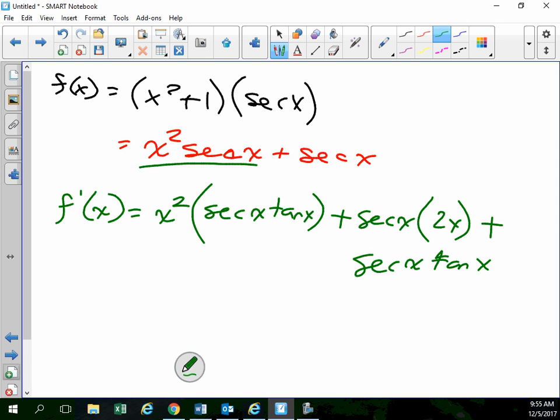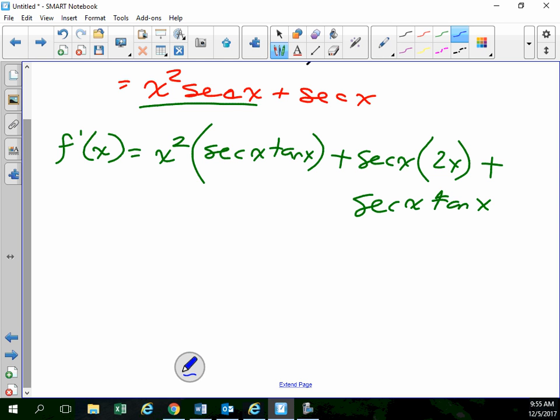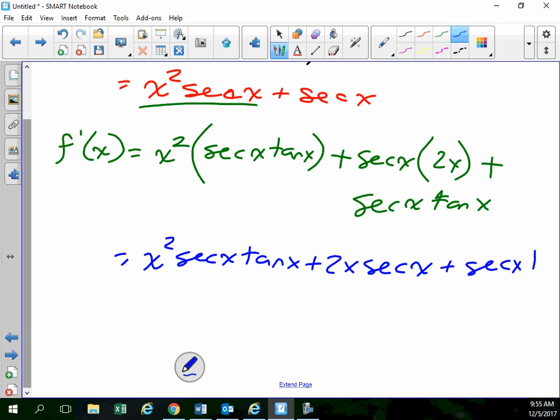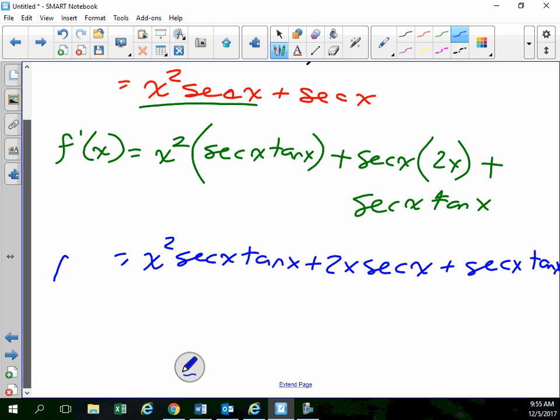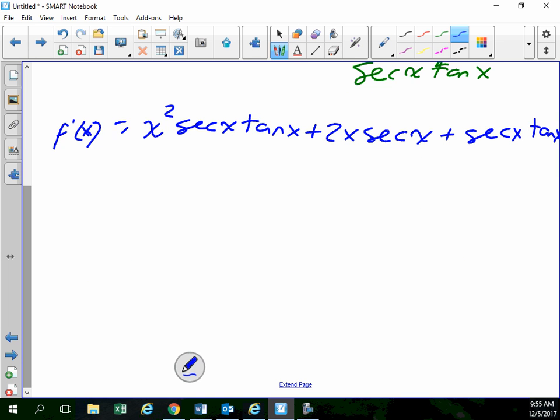So I literally have, I'm going to clean this up a bit: x squared secant x tangent x, plus 2x secant x, plus secant x tangent x. Anybody notice anything? I have 2 secant tangent x's, but one of them has x squared attached to it. No, you can take out a secant x.